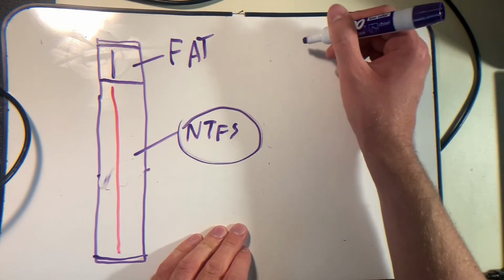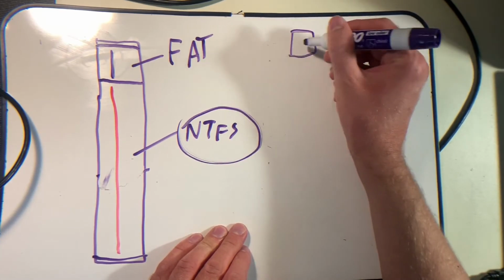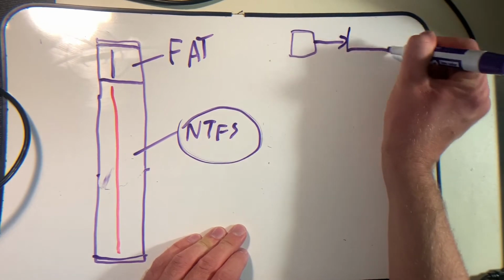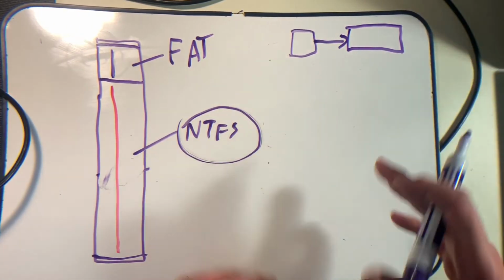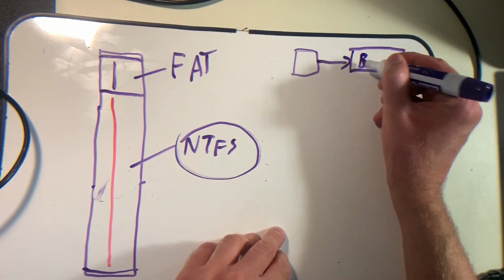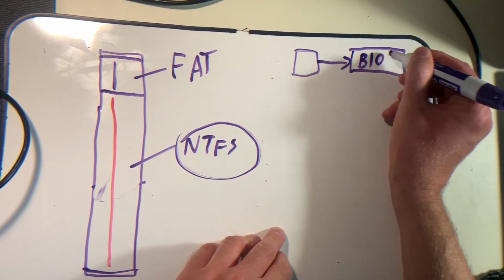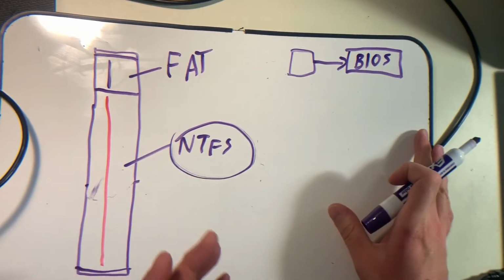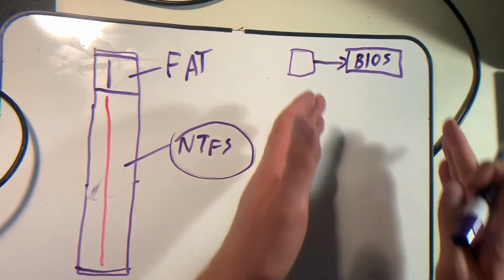So when your computer first starts up, the first thing it's going to do is it's going to load some of its internal memory. And this internal memory is called the Basic Input-Output System, or BIOS. Nowadays it's UEFI, but for simplicity's sake, let's just refer to it as a BIOS.